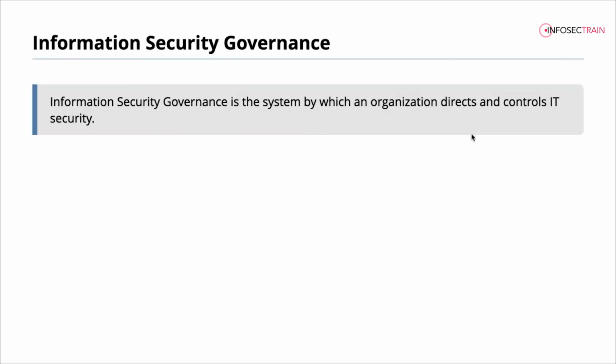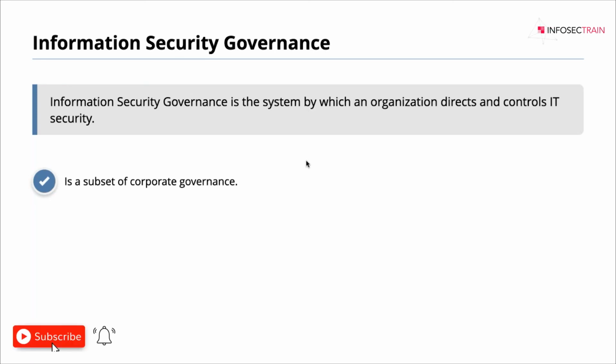When you talk about information security governance, I've kind of skipped the governance concepts, so I'm just focusing on information security governance. This is the system by which you control your organization's security and your assets. When you have information security governance within your organization, you're able to control your IT security from this governance system. It's a subset of your corporate governance, which we'll study in more detail in CISM.